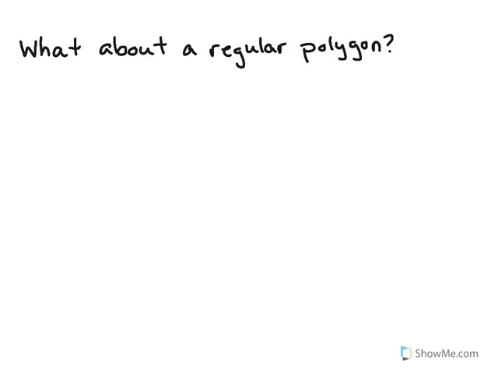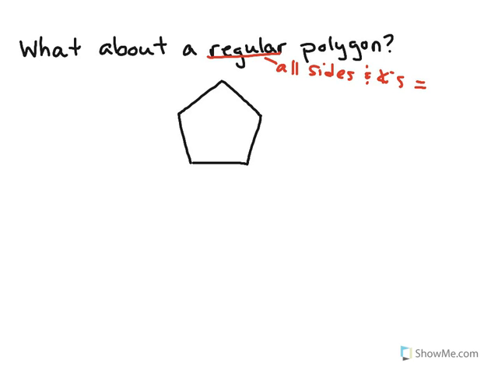Okay, so now what about a regular polygon? Regular polygons have a very unique kind of center. So here we have a regular pentagon, or at least we're going to assume that it is. What we mean by regular polygon is that all the sides and angles are congruent. So here, this is congruent to this, and this, and this, and this, and it's all good.